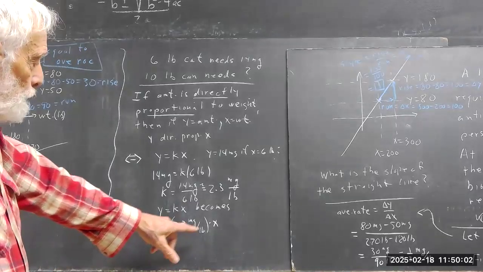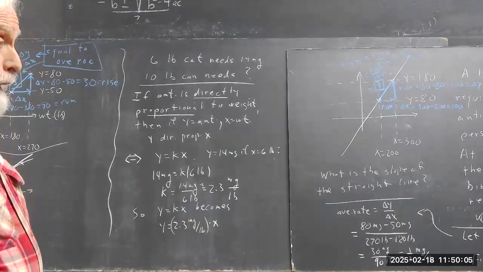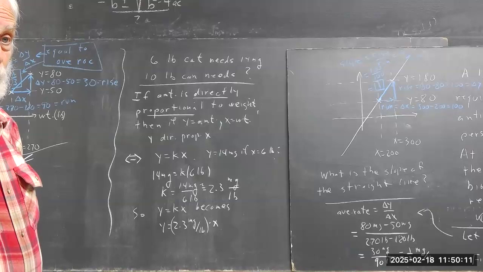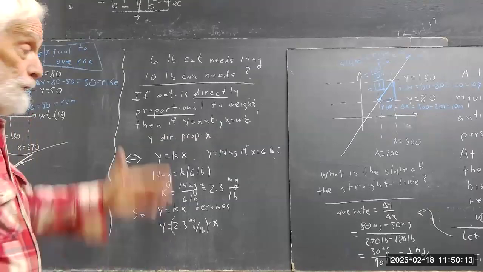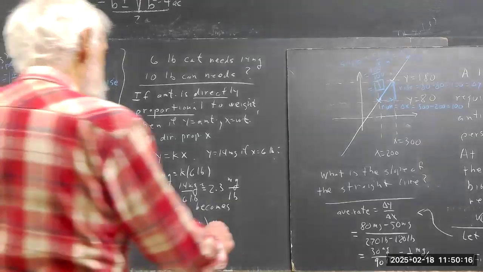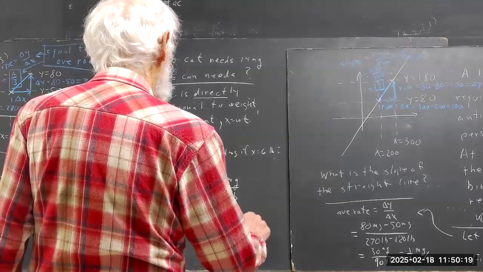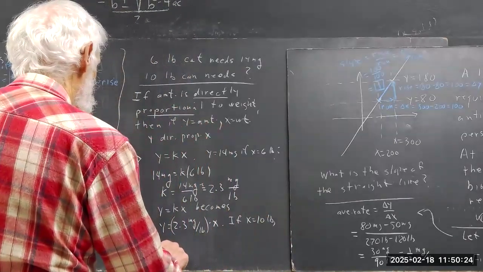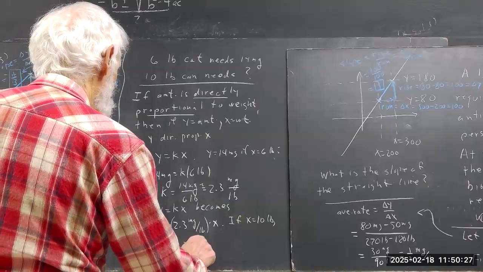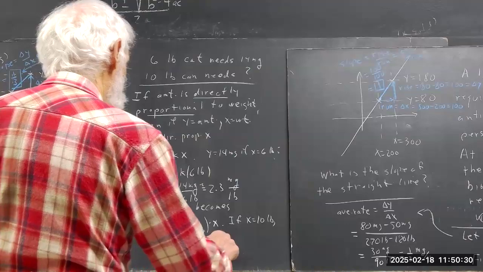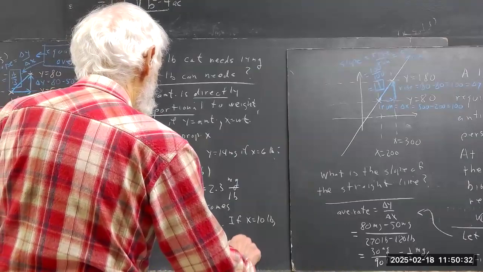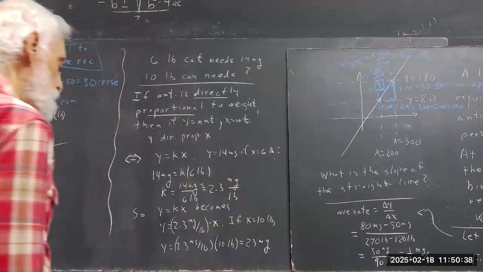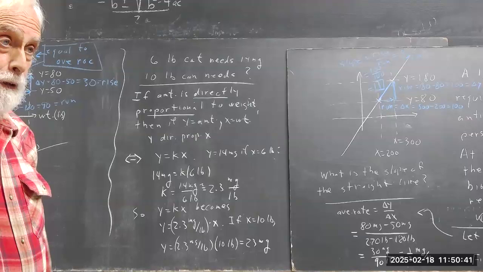It's 2.3 milligrams per pound times x. x is the weight of this cat. And we usually get 23 milligrams.